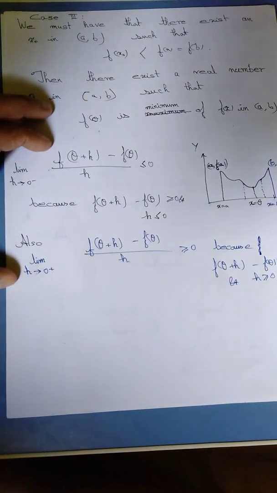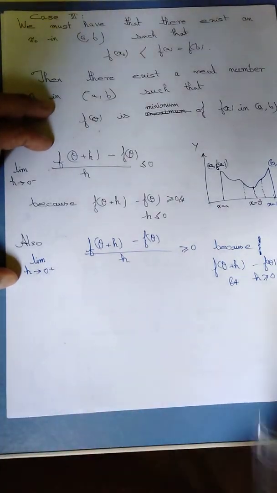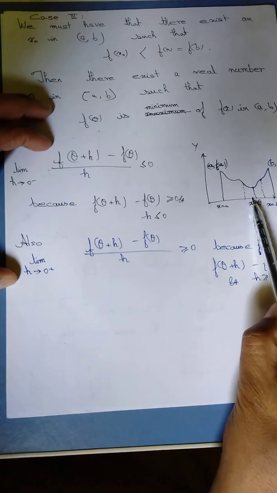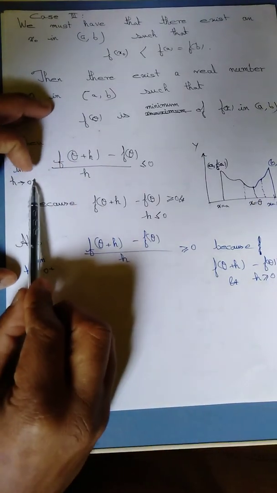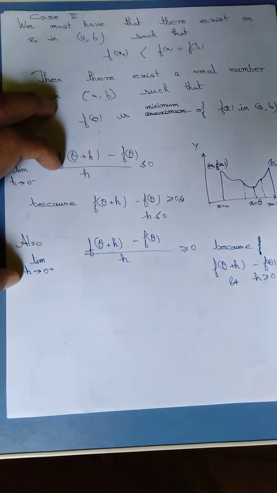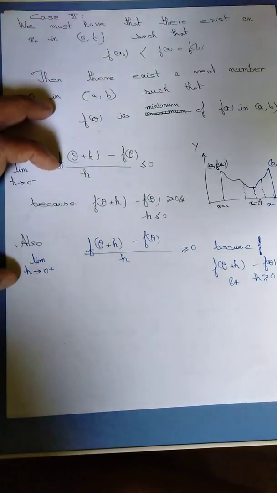Okay, but the function is differentiable, so the left hand limit and right hand limit both have to be equal. Limit h tends to 0 minus and limit h tends to 0 plus must be equal to f dash theta.